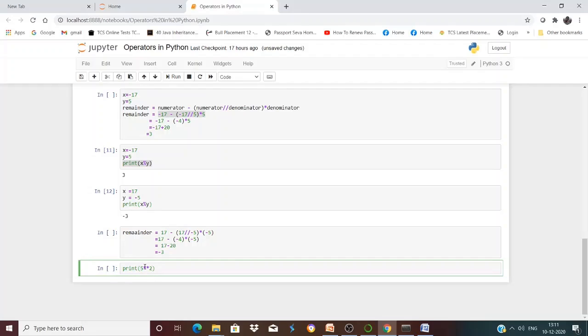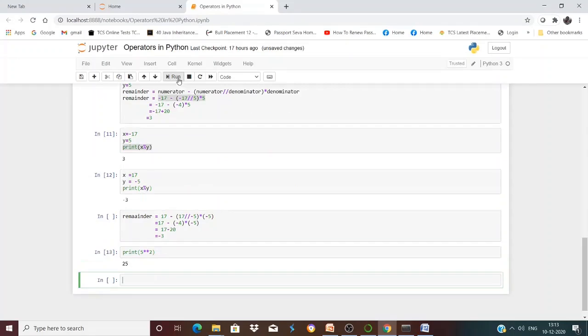So this double asterisk operator is actually called the exponentiation operator. It simply means 5 square. If you run the cell, it will give you 25. Similarly, if you change the right hand operand to 3, it will simply mean 5 cube, and if you run the cell, it will give you 125.